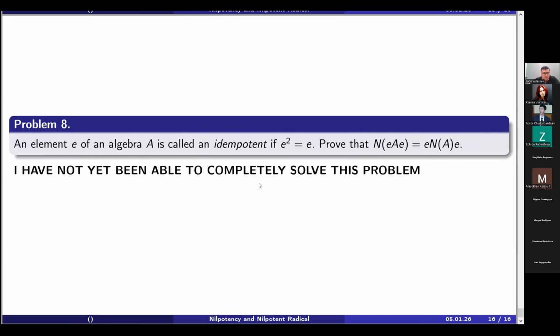And then prove that N equals this one, yes? First of all, have you considered this problem or not? Did you try? No, I have not tried. Okay.